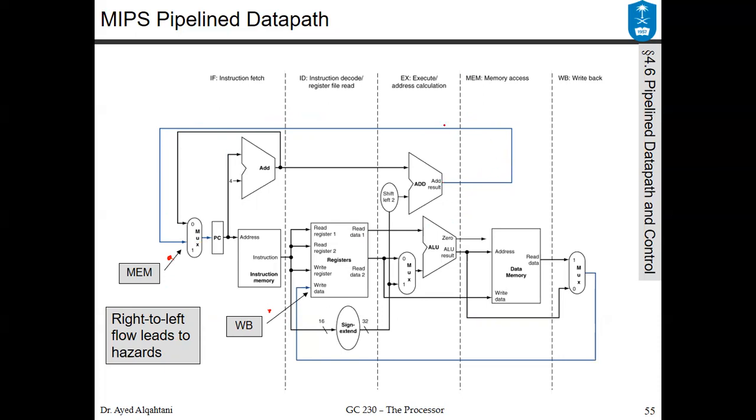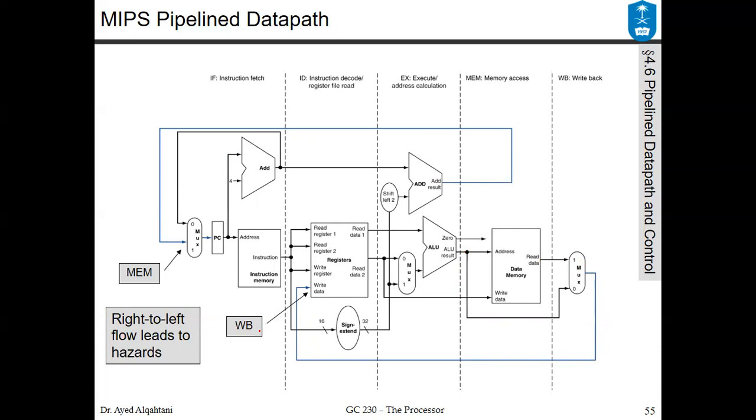So this blue line could cause a hazard. Also, this blue line could cause a hazard. You notice that this line is actually the write back behavior. Do you write back from the ALU or do you write back from the data memory? Those could cause hazards.